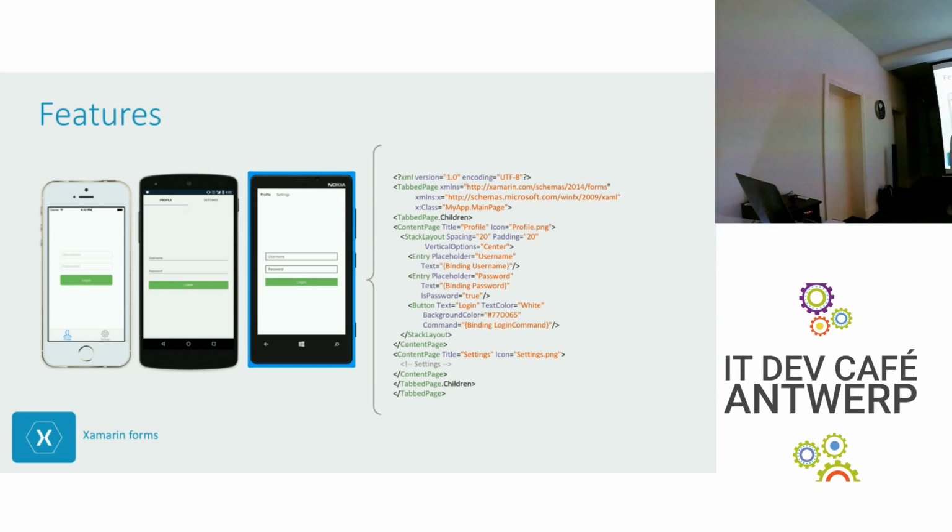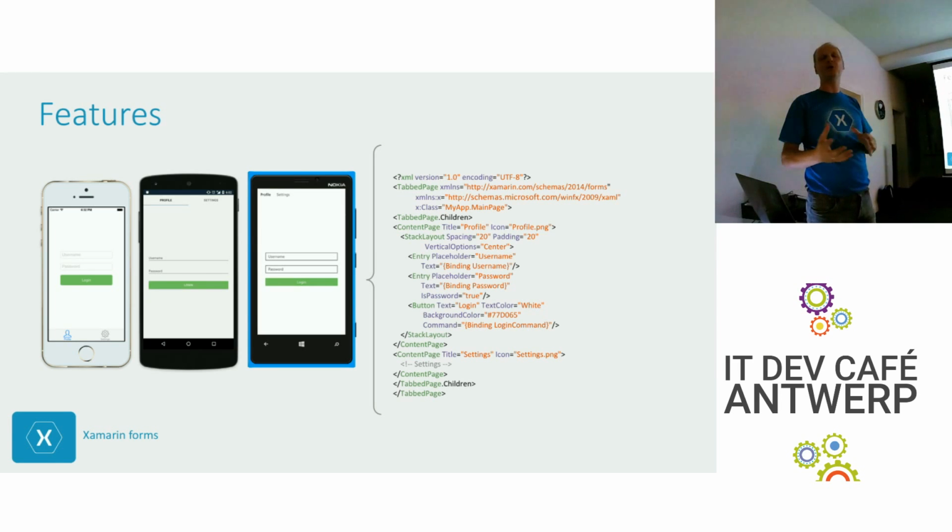In Android and in Windows, you'll have the words on the top. So Xamarin Forms looked at each OS and each design language that is available for each OS and said, okay, a tabbed page needs to look like this on Android or on iOS or on Windows.